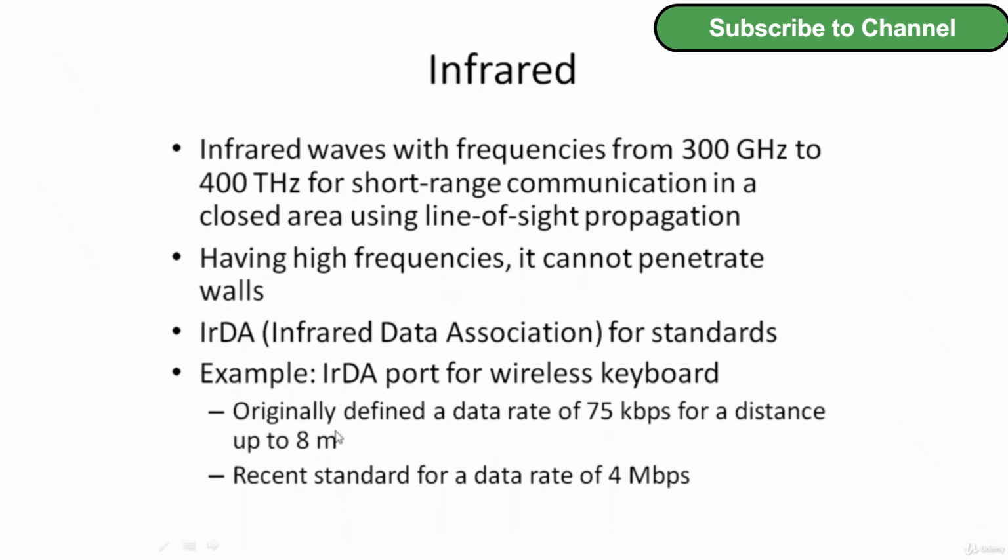It was originally defined with a data rate of 75 kbps for a distance up to 8 meters, and the recent standard data rate is 4 Mbps. This is about the wireless keyboard. Nowadays it is very popularly used in communication, or we can say computer networking.